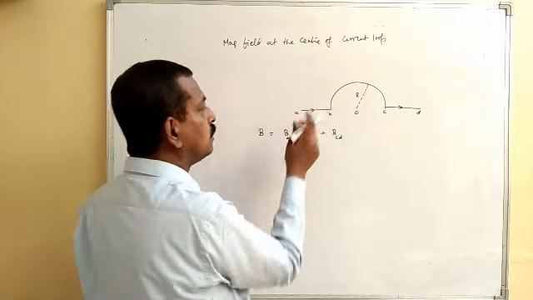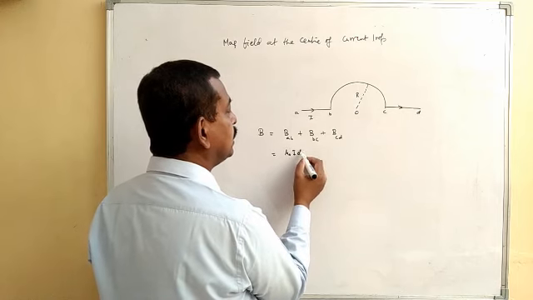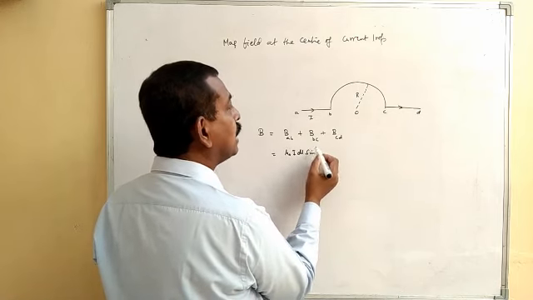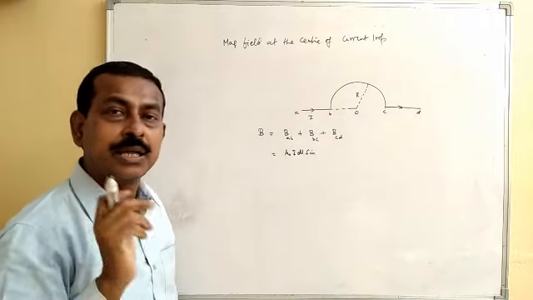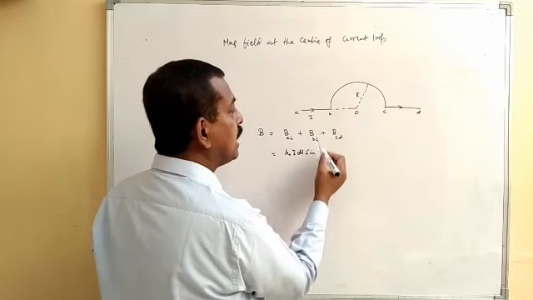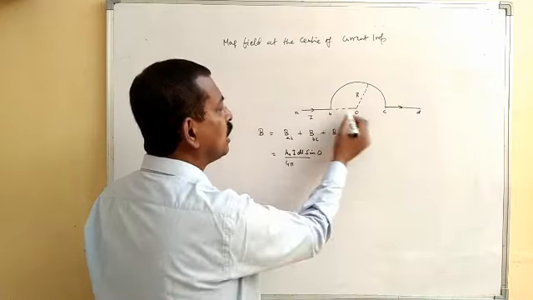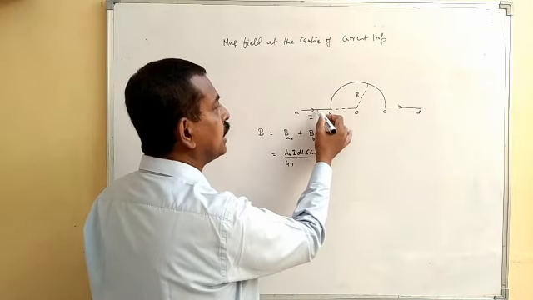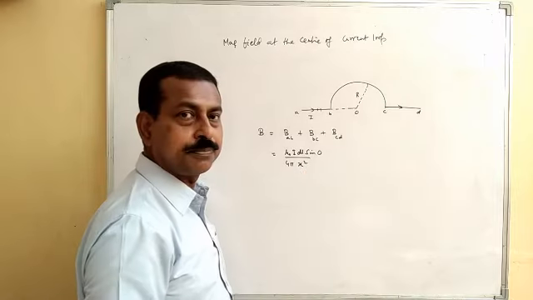For this part, magnetic field, this is your mu naught I dl, and now the angle between the direction of the current element and the line joining the current element to observation point will be the same. So this angle is 0 divided by 4 pi, whatever be its distance, any element you take, this will be say x square.